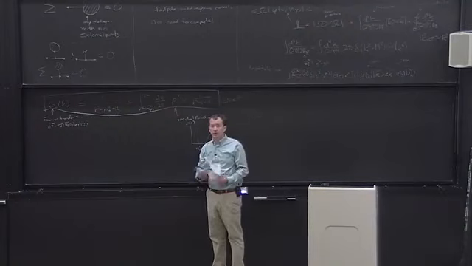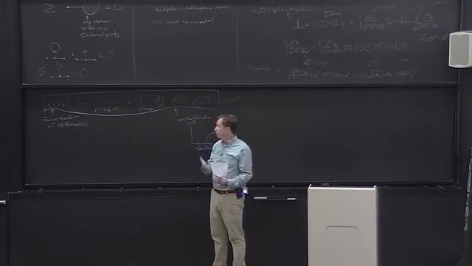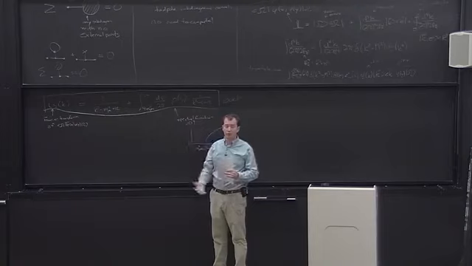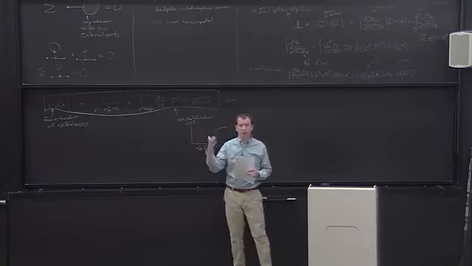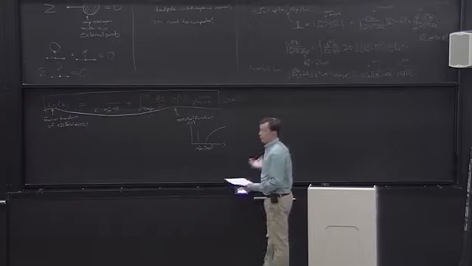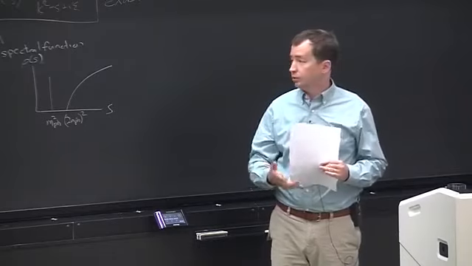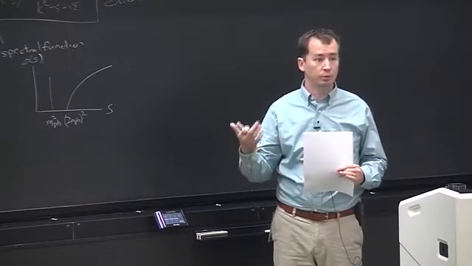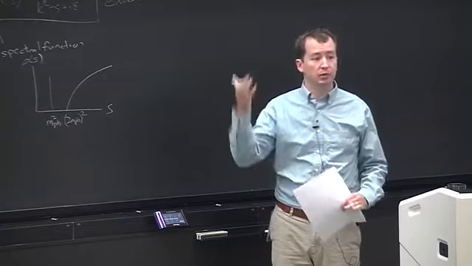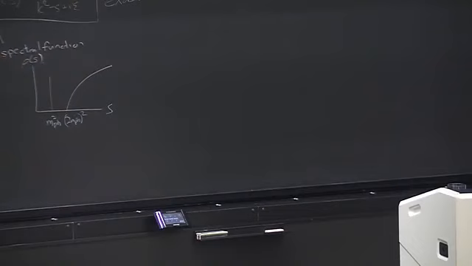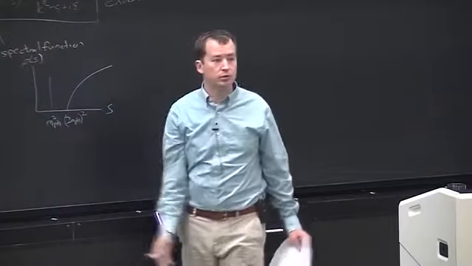If we act with a field operator in the interacting theory on the vacuum, maybe we can say that creates a one-particle state in the far past and far future, but at intermediate times, it'll also add in some multi-particle stuff. Or a related way of saying it is that the creation operators that create momentum eigenstates in the interacting theory mix as time evolves. So we wouldn't expect that we just get something that involves the one-particle states like we did in the free theory. We also get some multi-particle contribution.